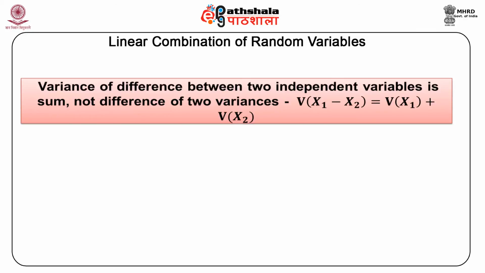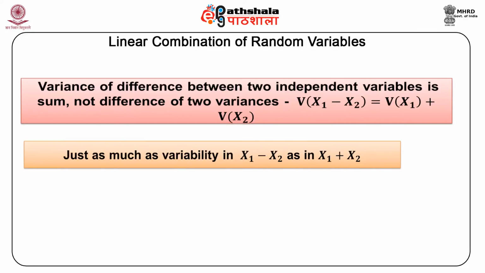This means that there is just as much variability in x1 - x2 as in x1 + x2. Writing x1 - x2 = x1 + (-1)x2 implies that -1 x2 has the same amount of variability as x2 itself.